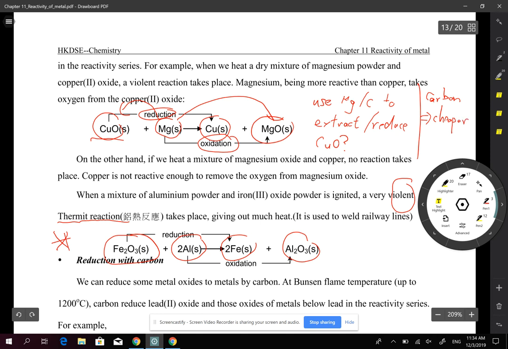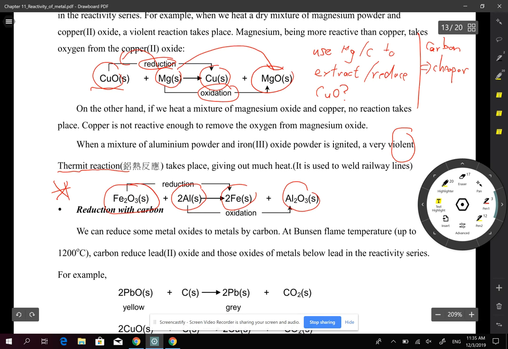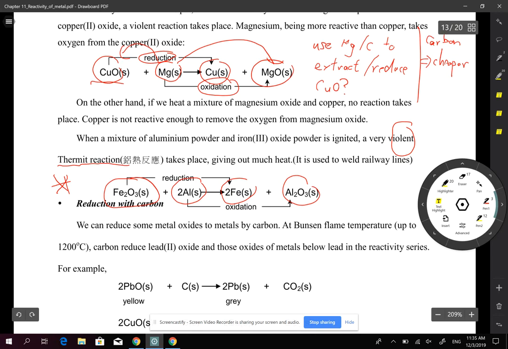Okay. So actually, we can use reactive metal to reduce or to extract less reactive metal oxide, but commonly we will not do so. But of course, for some special uses, just like what we ended up with in the last lesson, that is the reduction of iron(III) oxide by aluminium.